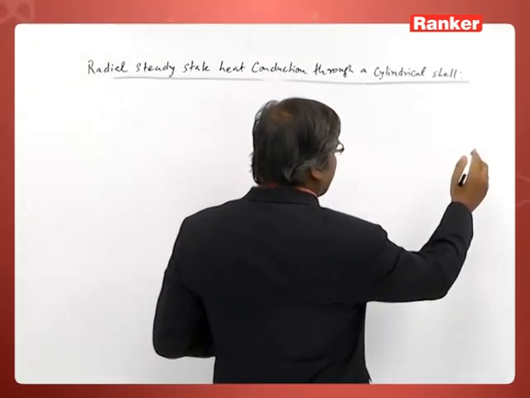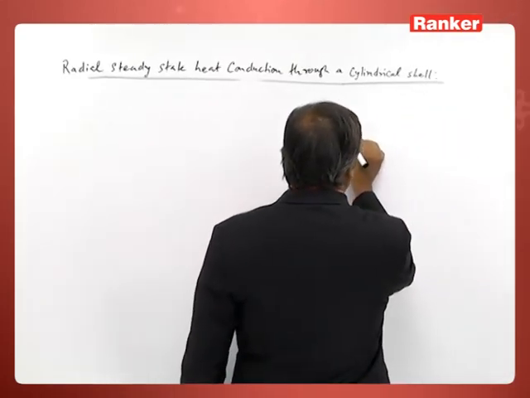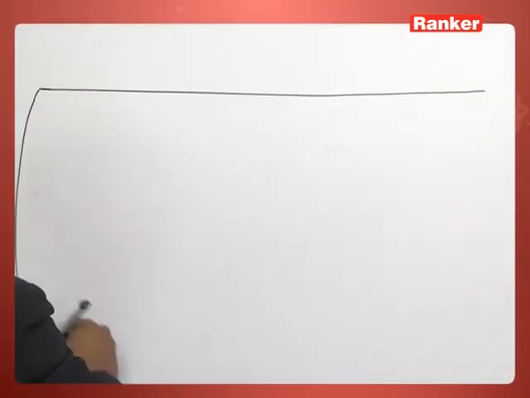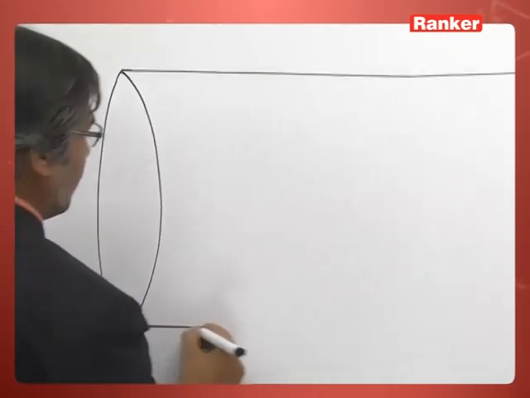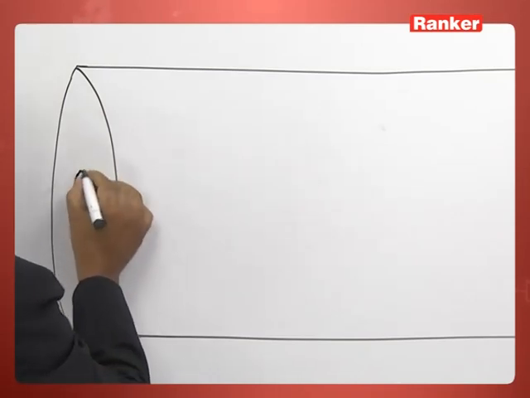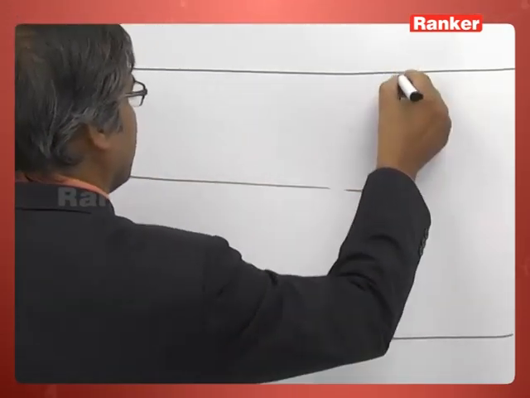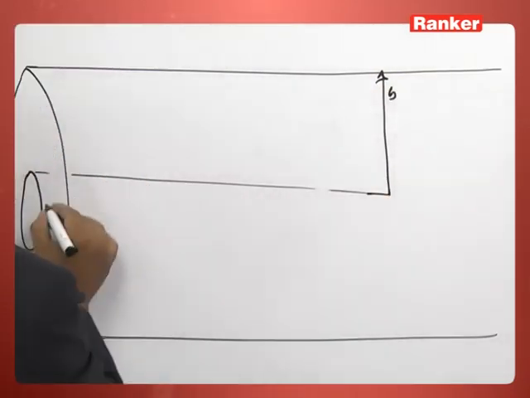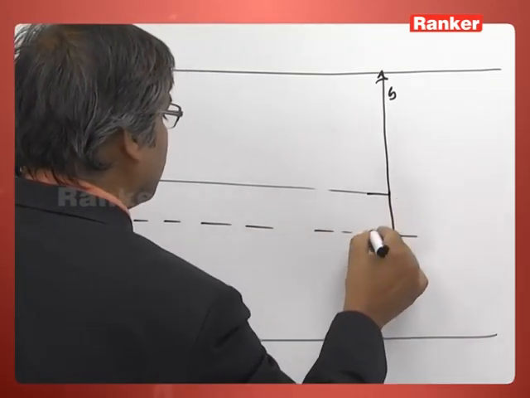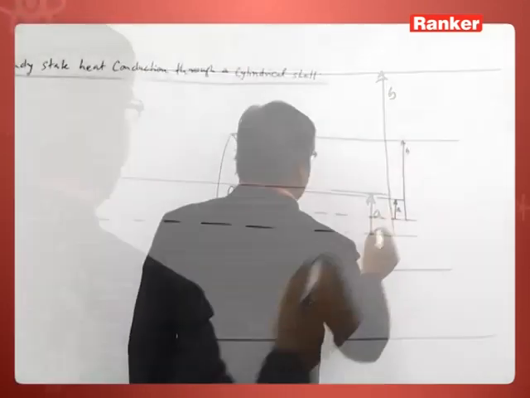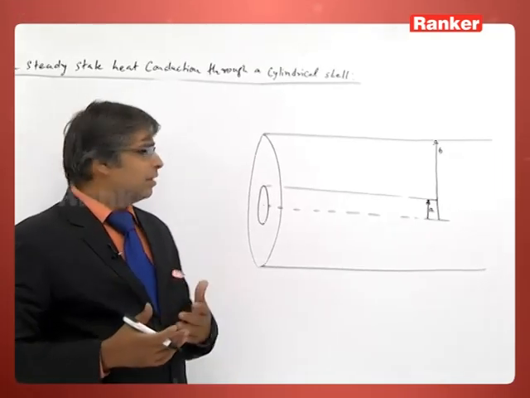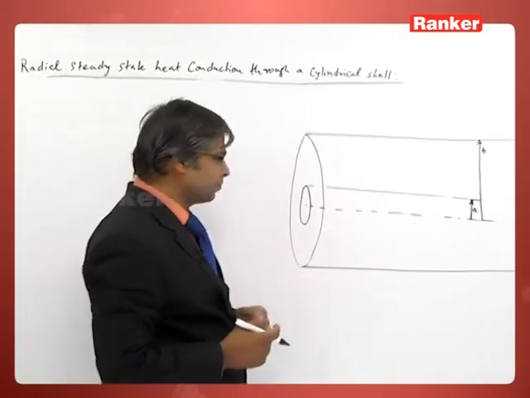So, let us take a cylindrical tube. This is the cylindrical tube of outer radius, suppose I assume, B, measured from the center line, and the inner radius to be A. Let us take A and B, and the letter R is reserved for the thermal resistance.